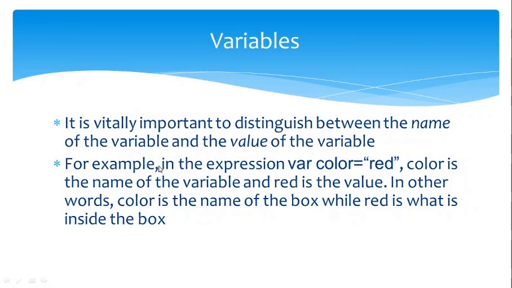For example, in the expression var color is equals to red, var is a keyword, color is the name of the variable, and red is the value. In other words, color is the name of a box while red is what is inside the box.